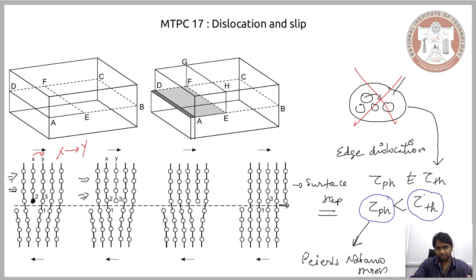We will continue our discussion on understanding the edge dislocation and how it relates to slip in the subsequent lecture. So far, the dislocation that we have studied abstractly plays a critical role in slip.